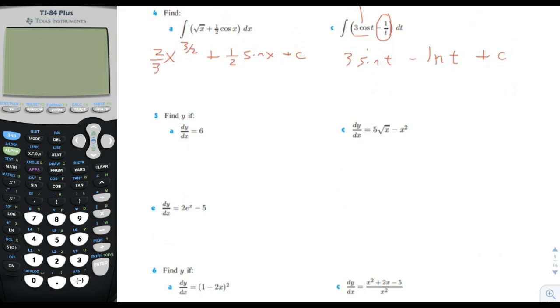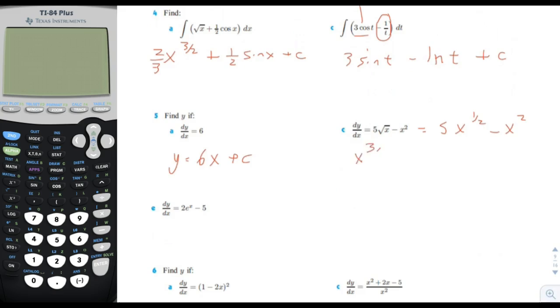5. Find y if the derivative of y is 6. So y would be 6x plus c. Let's rewrite this one. 5x to the 1/2 minus x squared. So they're basically asking for the integral if you're finding the y when dy dx is this.